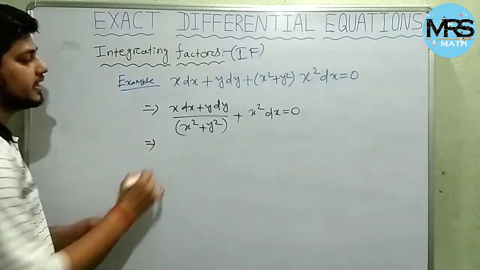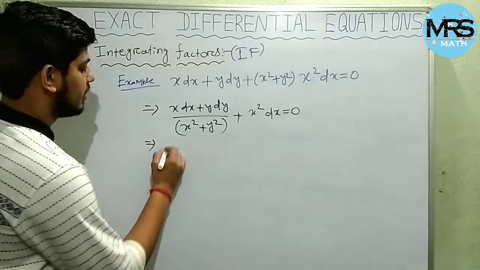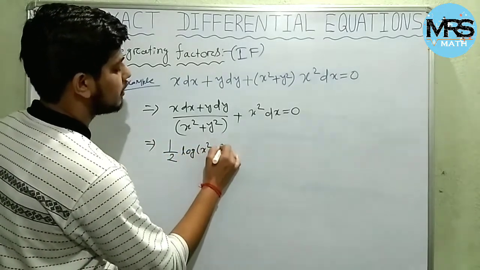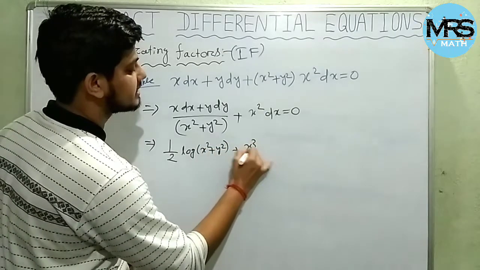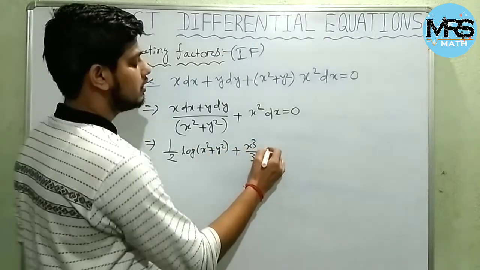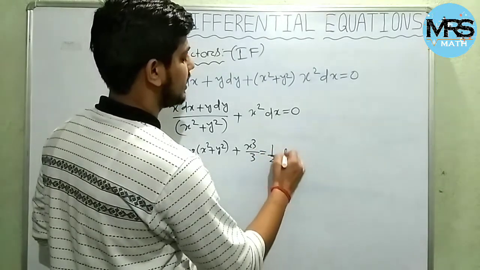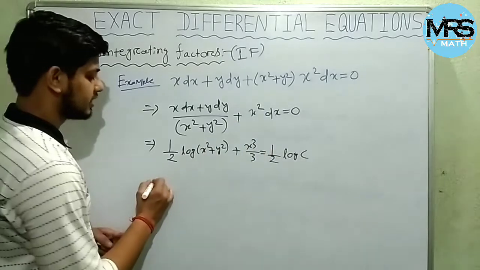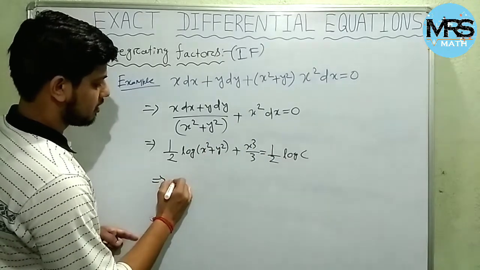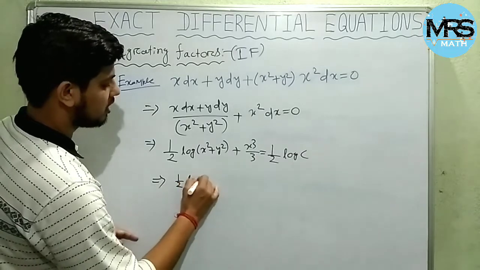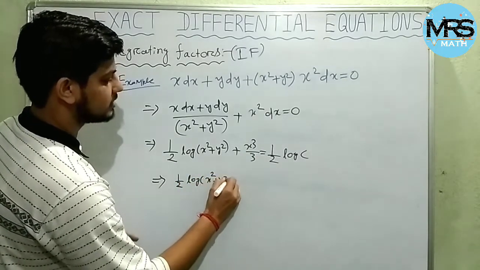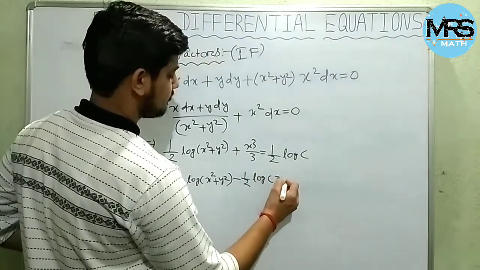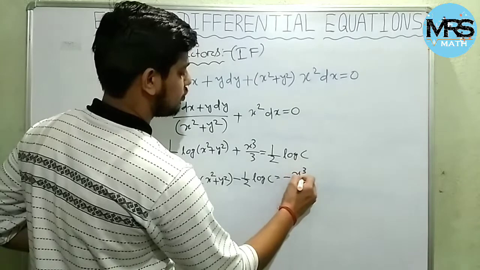Now you integrate this equation, then what we will get? That is 1/2 log of (x square plus y square) plus x cube by 3 equal to some constant, we can take 1/2 log c. Since log is there, we are taking this type of constant. Then 1/2 log of (x square plus y square) minus 1/2 log c is minus x cube by 3.